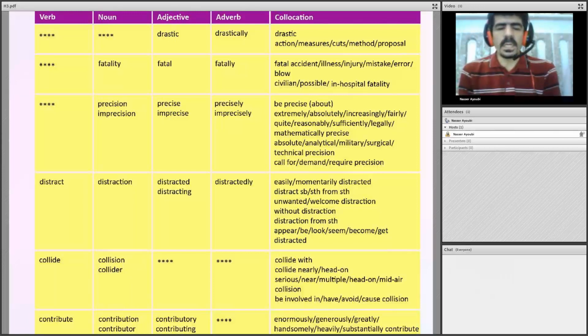Analytical or analytic, both adjectives, mean using a logical method of thinking by analyzing things. And call for means demand, also require. They are all synonymous. Surgical is connected with surgery, whatever is connected with surgery.